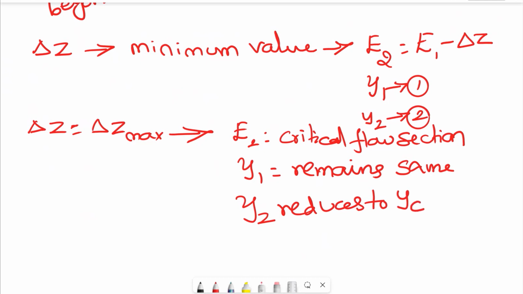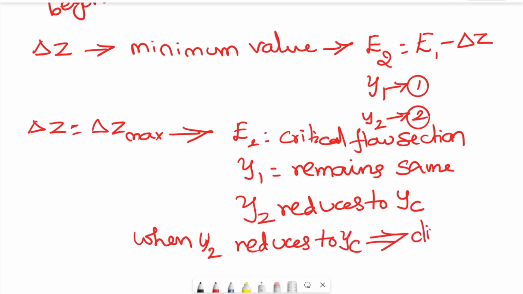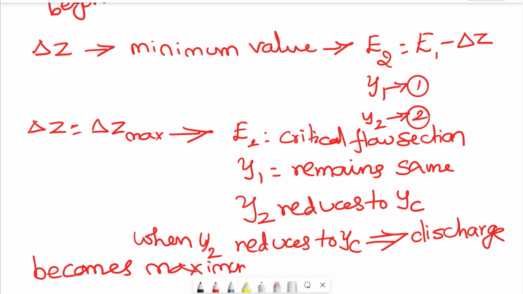And when y2 reduces to yc, automatically discharge becomes maximum. And when discharge becomes maximum, the specific energy is minimum. These are the things that you should know.